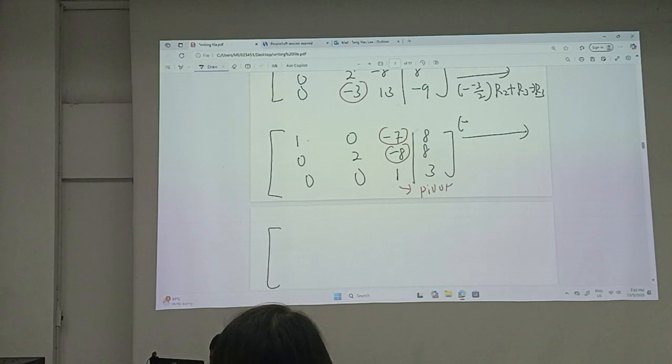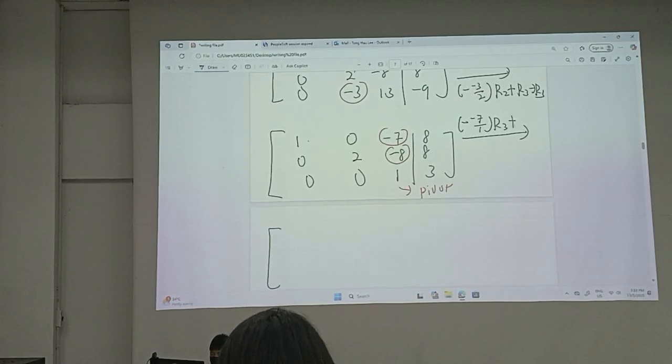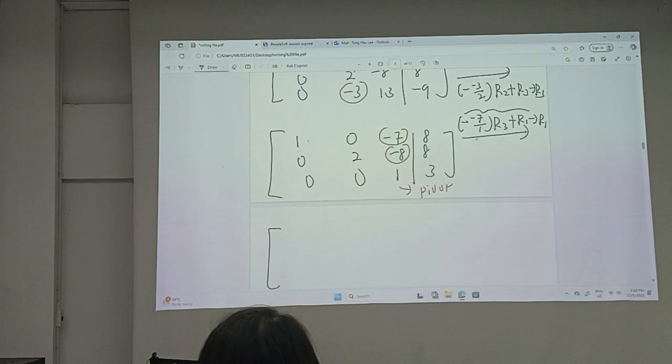Negative elimination element is negative 7 over pivot 1. Pivot row will be R3 plus elimination row R1. Produce a new R1. So negative, negative 7 over 1 will be 7. So this will be 7 R3 plus R1.